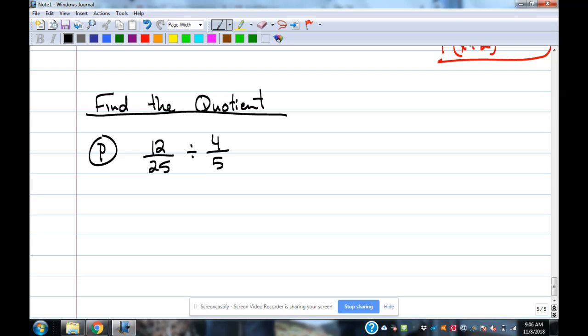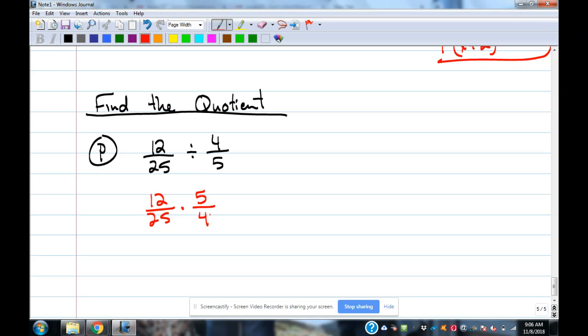Now, what's the rules for dividing fractions? No, that's for addition and subtraction. Flip which one? The second. Keep. No, don't change sign. Just flip it. 12 over 25 times 5 over 4. Flip the second one and turn it into multiplication.